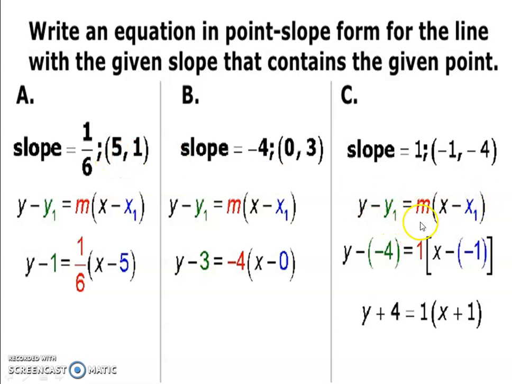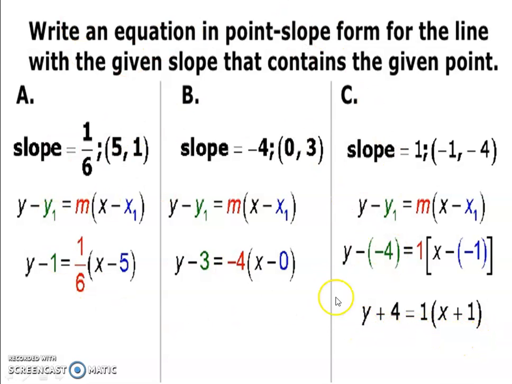So y minus y1 is equal to m times (x minus x1). We put y1 is minus 4, m is 1, x1 is minus 1. Simplification: y minus of minus 4 gives y plus 4, 1 as it is, x minus of minus 1 is x plus 1. So we derive y plus 4 is equal to 1 times (x plus 1).